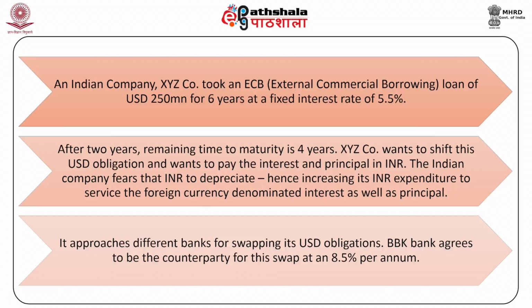It approaches different banks for swapping its USD obligations. BBK Bank agrees to be the counterparty for this swap at 8.5% per annum. Once both parties agree, the following swap payments happen between XYZ company and BBK Bank.